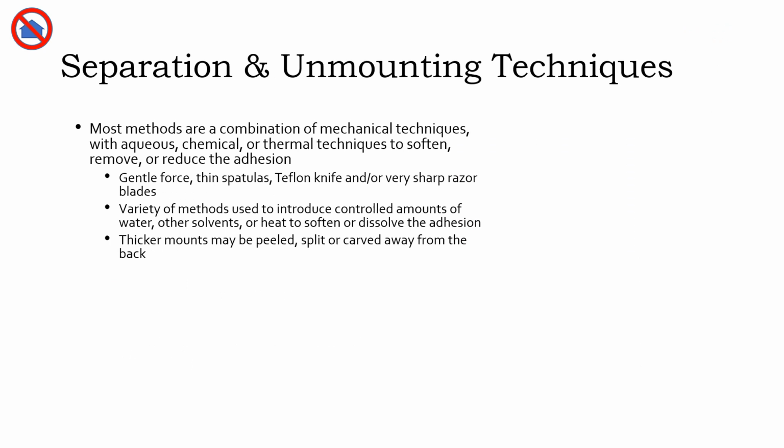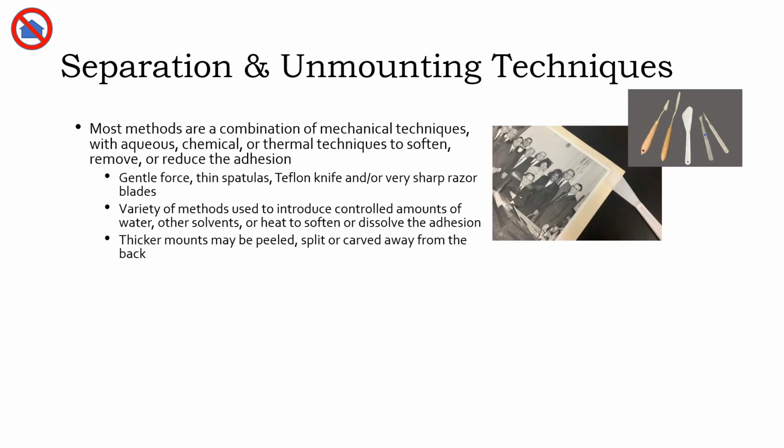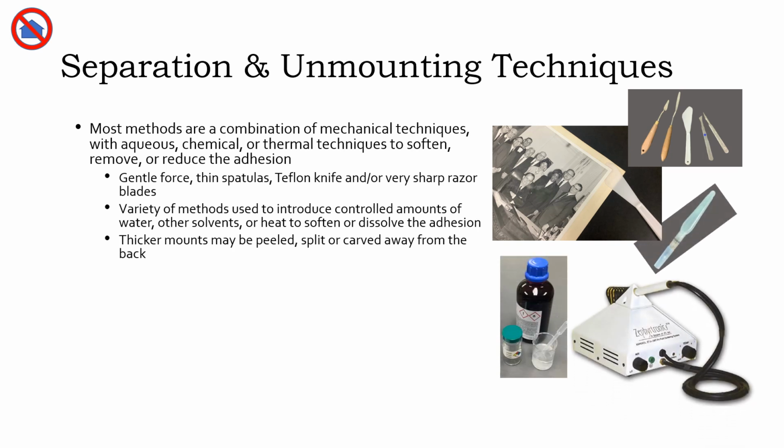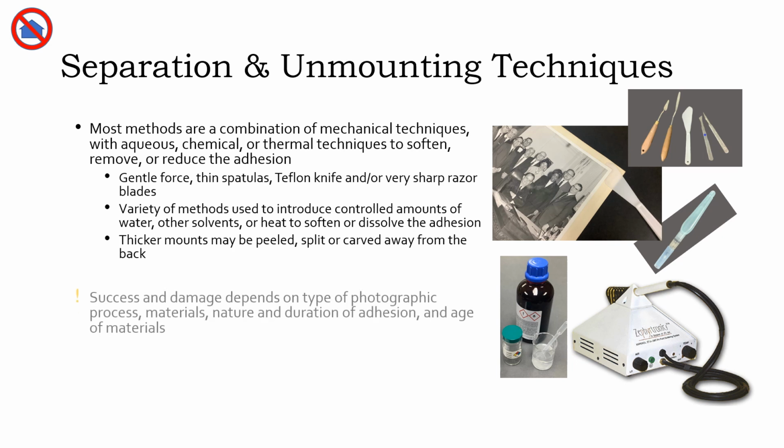Conservators typically use a combination of mechanical techniques with aqueous, chemical, and/or thermal techniques to separate or unmount photographic materials. We may need to experiment a bit, carefully testing options around the edges of the photograph to find the combination of methods that will work best.